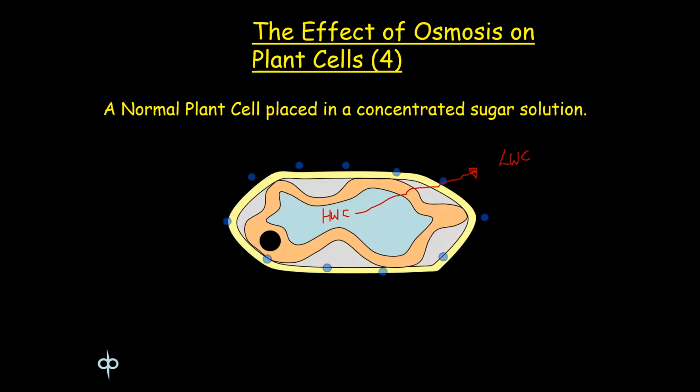So then you get a plant cell that looks like this, and when it looks like this, the plant cell is said to be plasmolysed. And we need to remember, if you put it in a salty solution or any solute solution, your plant cell is going to become plasmolysed.